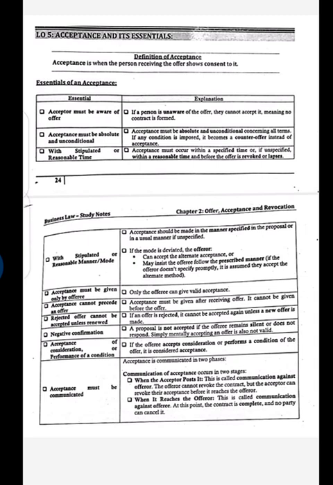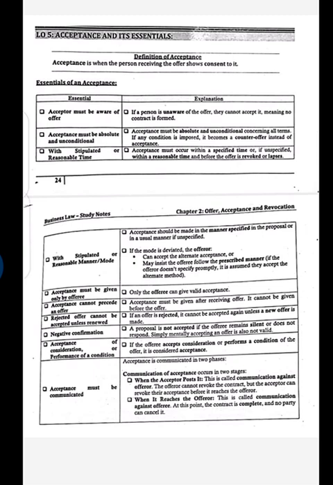Negative confirmation, acceptance of consideration or performance of conditions, and acceptance must be communicated. So these are certain essentials that must be fulfilled so that it becomes an acceptance. Otherwise the acceptance will not be an acceptance from the offeree.